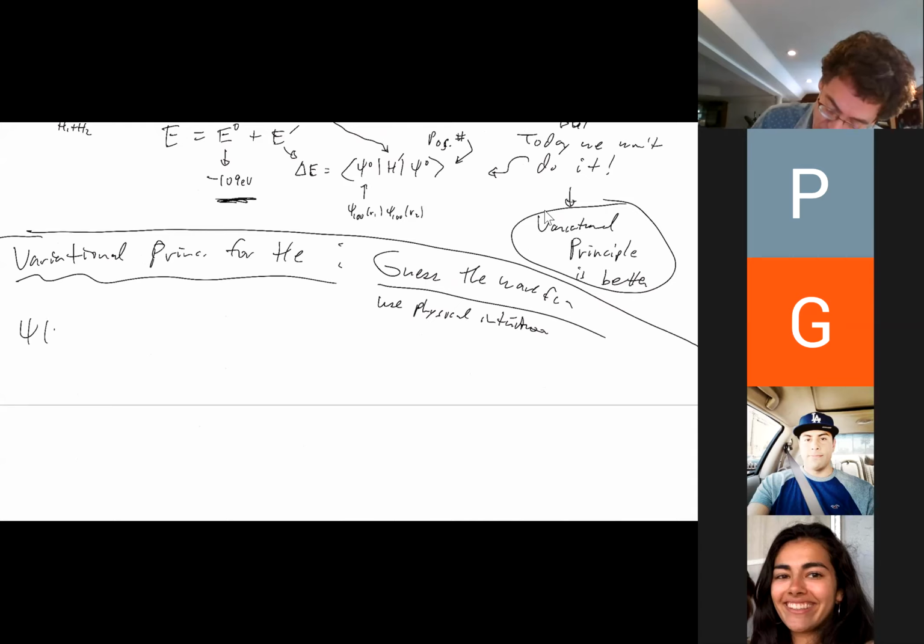Psi of R1, R2 is equal to Z cubed over pi A naught cubed e to the negative Z (R1 plus R2) over A naught.